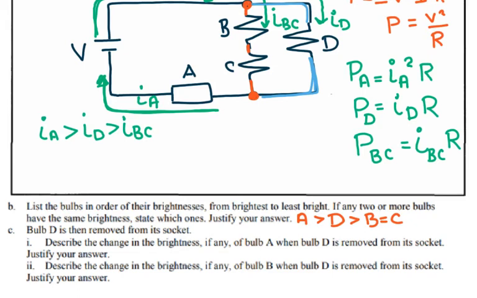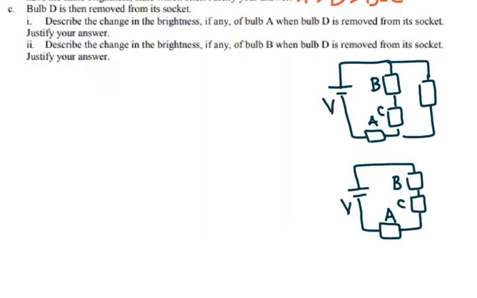Describe the change in the brightness, if any, of bulb B when D is removed from the socket, and justify your answer. So I redrew for you two circuits. They removed D, so this was our D. They removed D from the circuit, and they ask you what is going to happen to B and A.